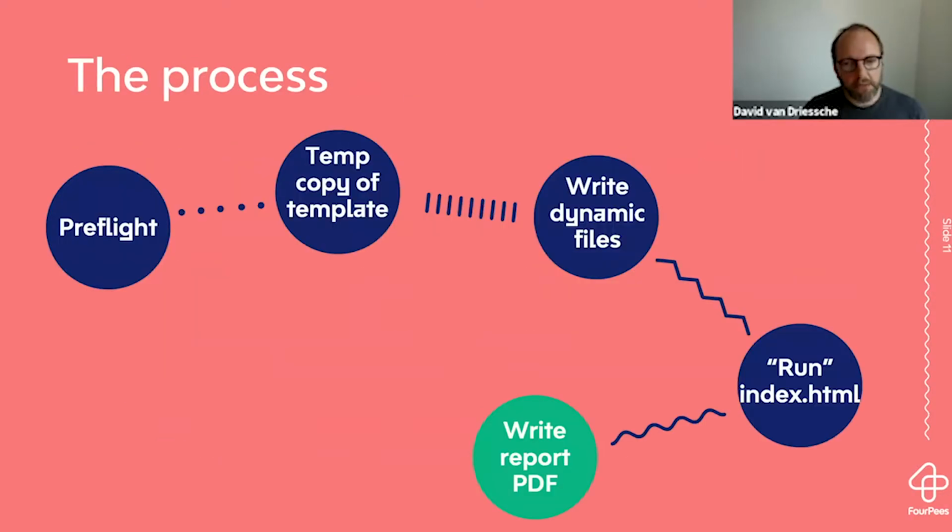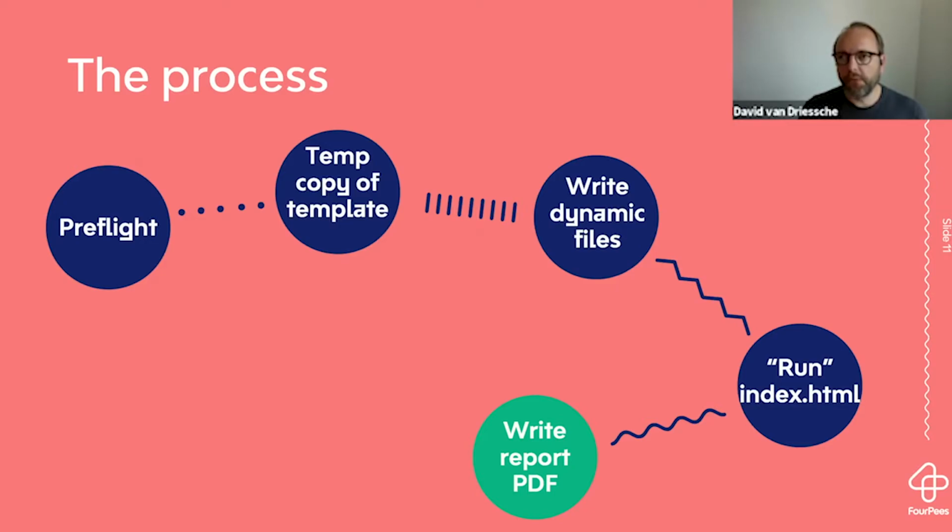So again, the process. First thing that you're going to do is you're going to create a template, and that template lives somewhere. It is part of the library system in pdfToolbox, so you can copy it from one library to another. And eventually, this is just a folder that lives on disk. What pdfToolbox is going to do, it is going to preflight the file.